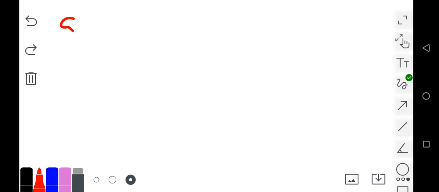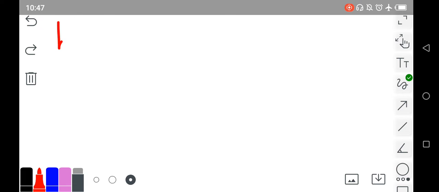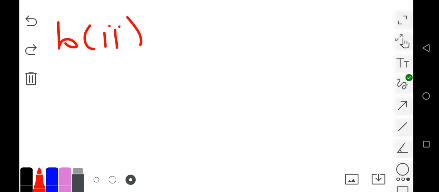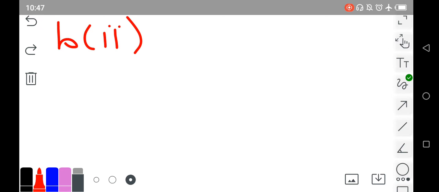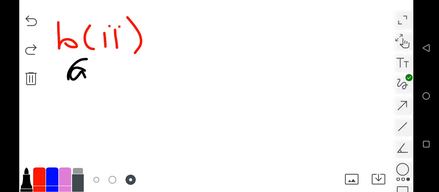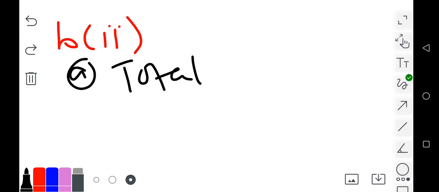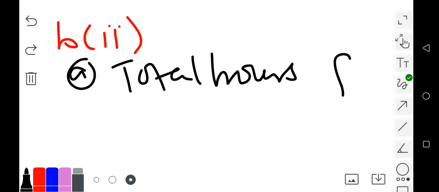So this is B2. We are going to move in 4 steps, and the first step, A, is to find the total hours for 30 days.